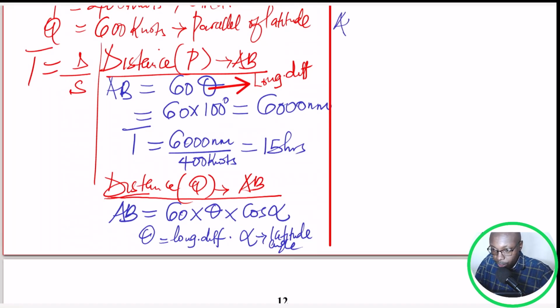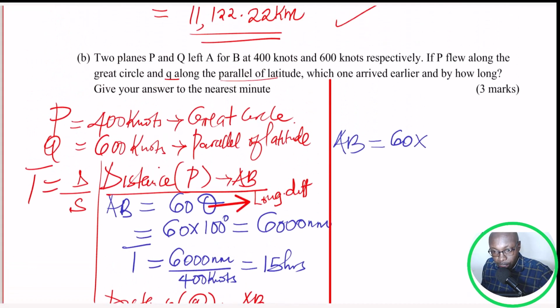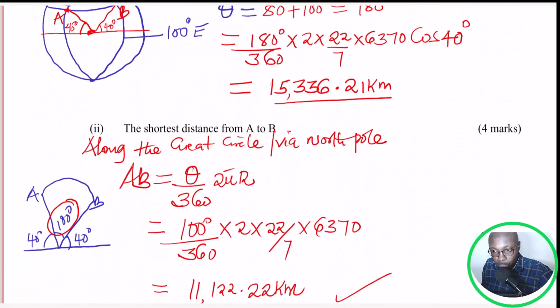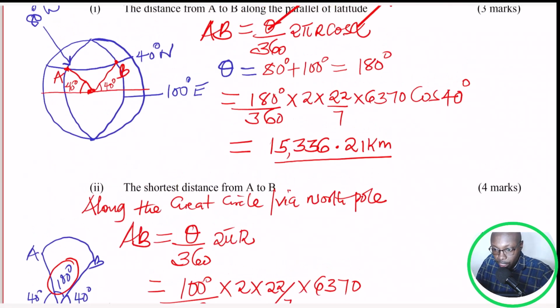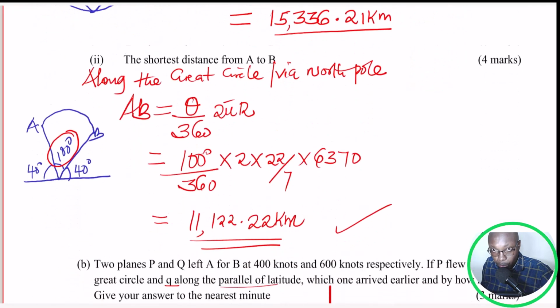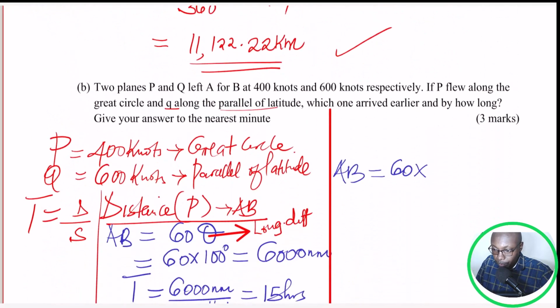So distance traveled by plane Q, AB, is equal to 60 multiplied by the longitude difference that we used along the small circle. The longitude difference, remember, was 180 along the small circle or the parallel of latitude. So this is 180 multiplied by the cosine of the latitude angle. The latitude angle doesn't change.